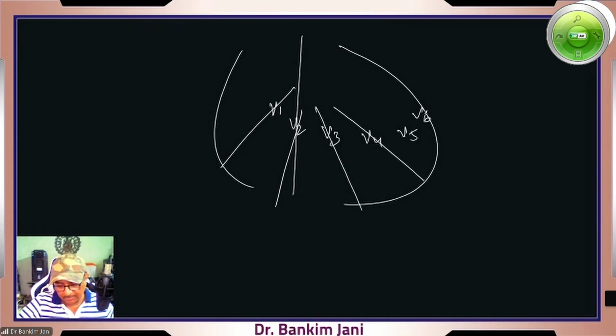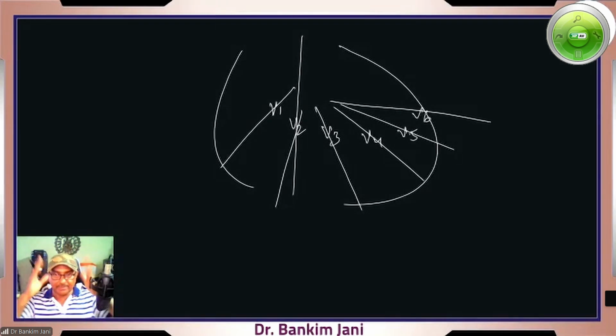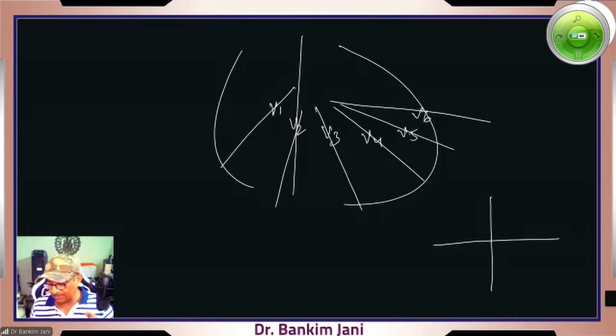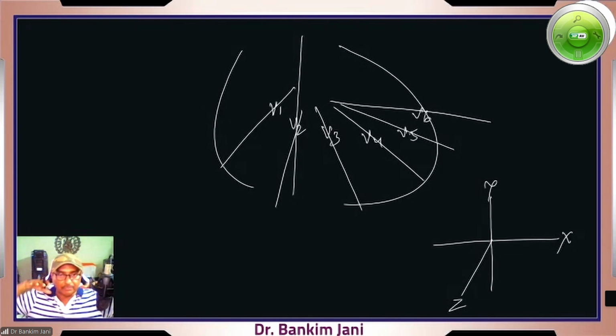This is the y-axis, this is the x-axis, and something which is coming out, that is the z-axis. So think of it like with these chest leads, we are watching the front of the heart. Right? We are watching it from the front.